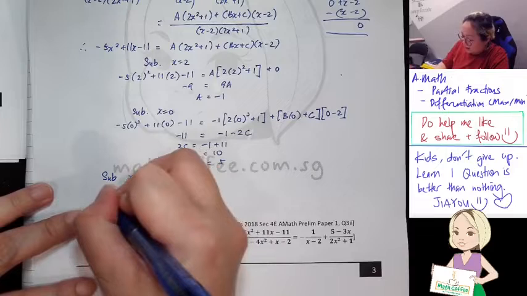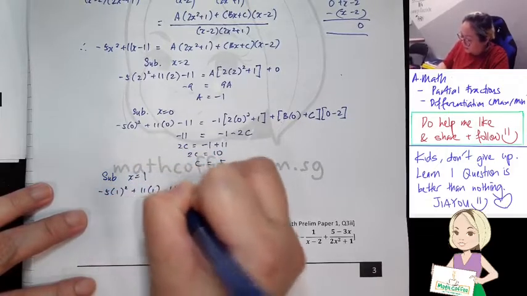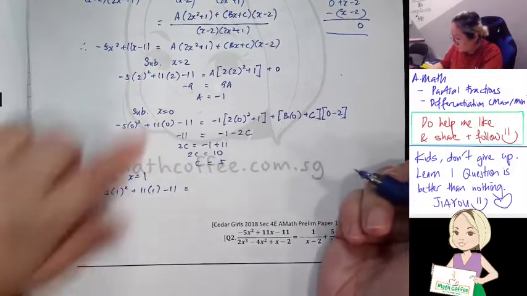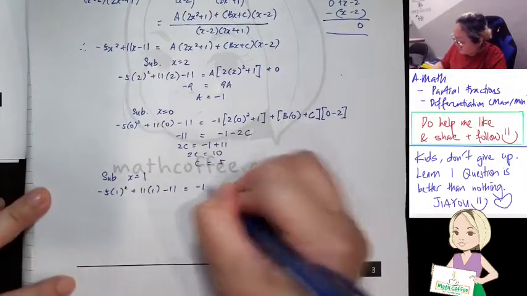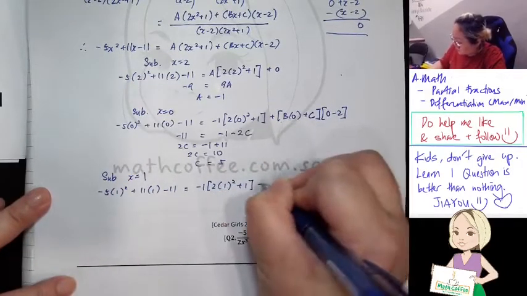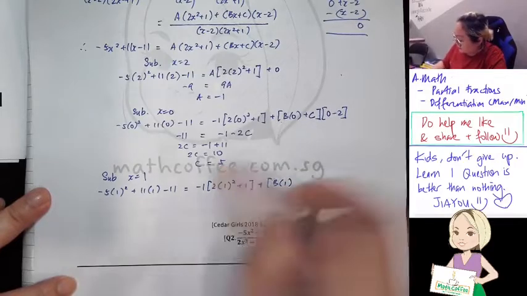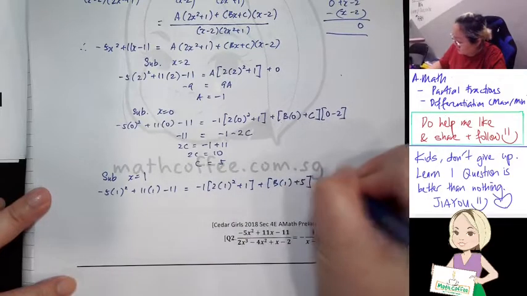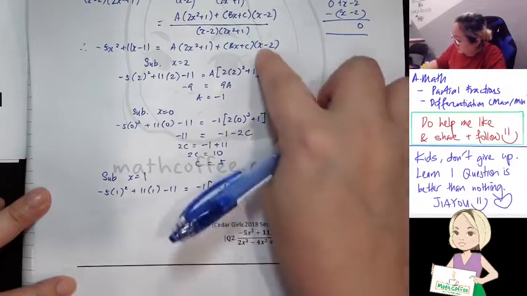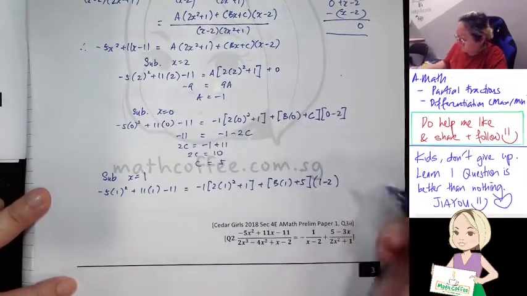So I will have minus 5 times 1 squared plus 11 times 1 minus 11 equals to, my a is negative 1, over 2 times 1 squared plus 1, plus b times 1 plus c which is 5, and then after that don't forget your x minus 2, so this one is 1 minus 2.